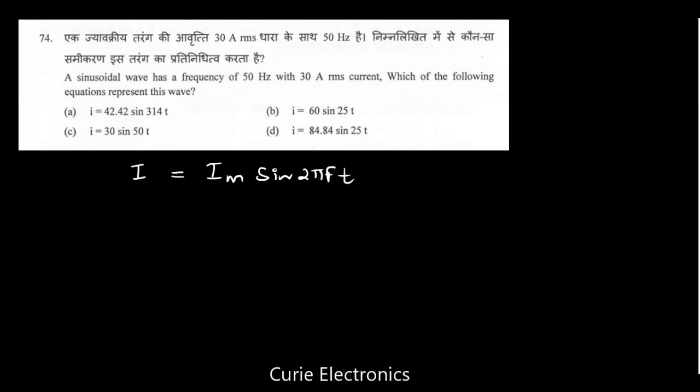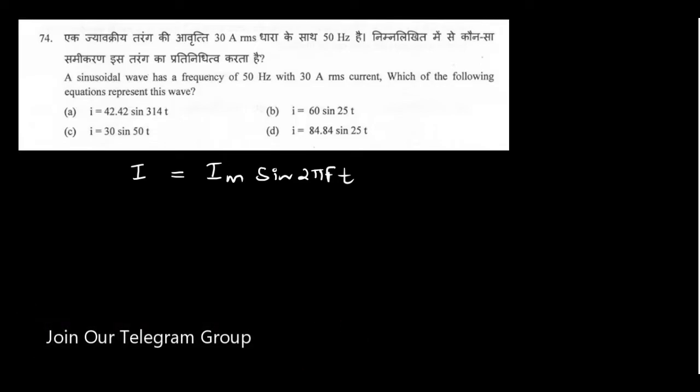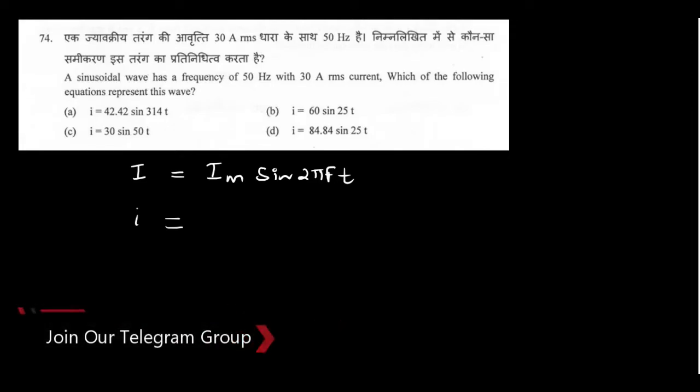Now the given question, so voltage means it is going to be V equal to Vm sine 2 pi ft. Vm or Im is the peak value of the AC. Now what is given in the question? We have to find I equals, what is the peak value of the current? The current value is given in RMS current.